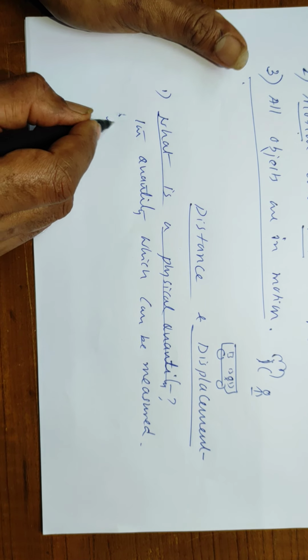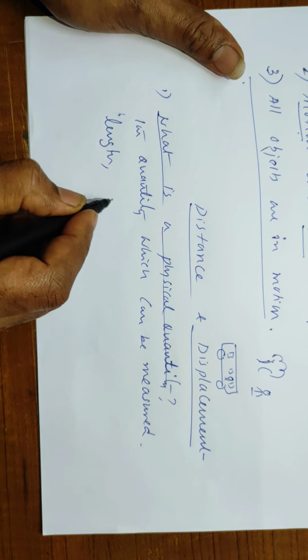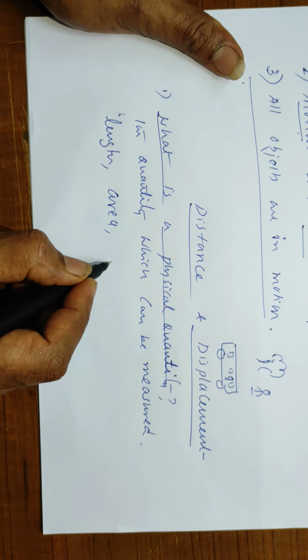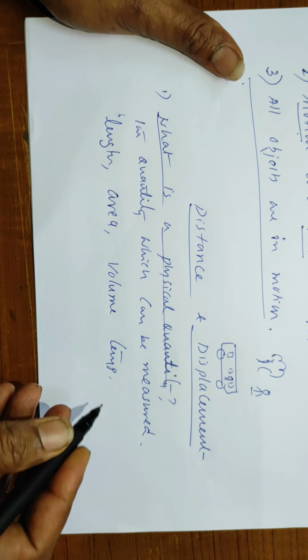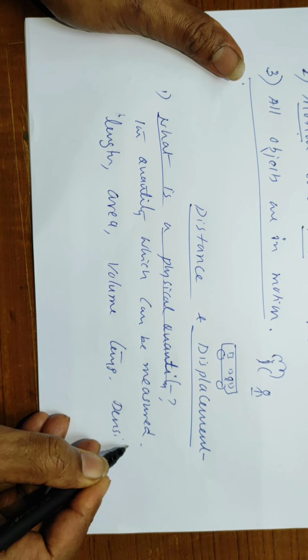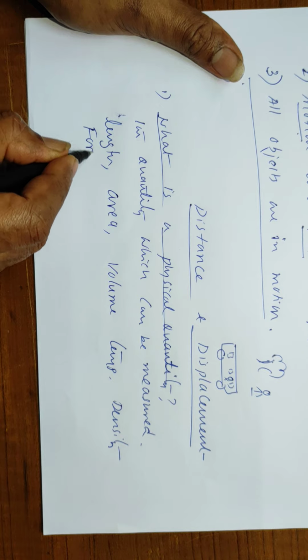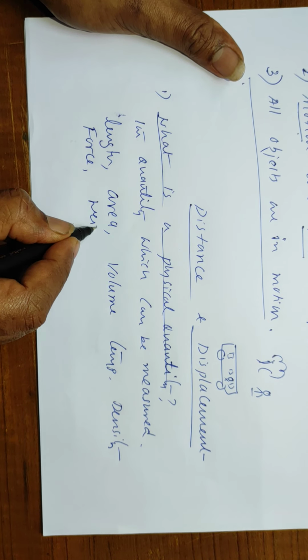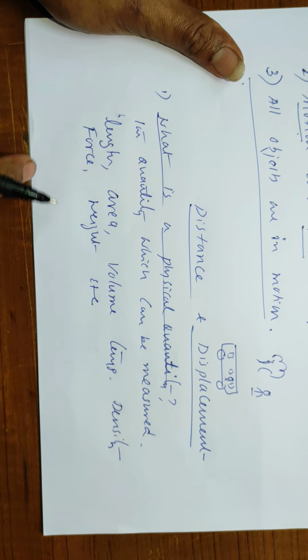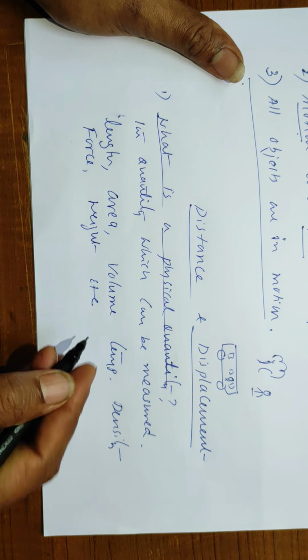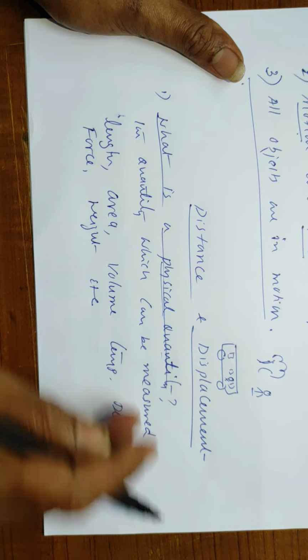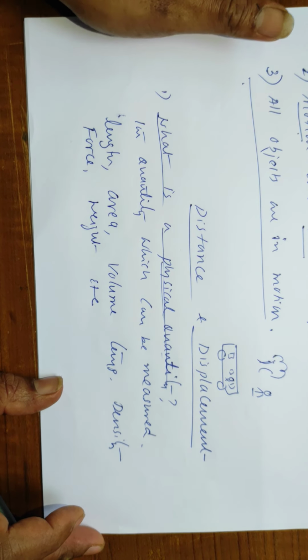Students, we measure length, area, volume, temperature, density, force, weight, etc. So all these can be measured. Therefore, we can call them physical quantities.